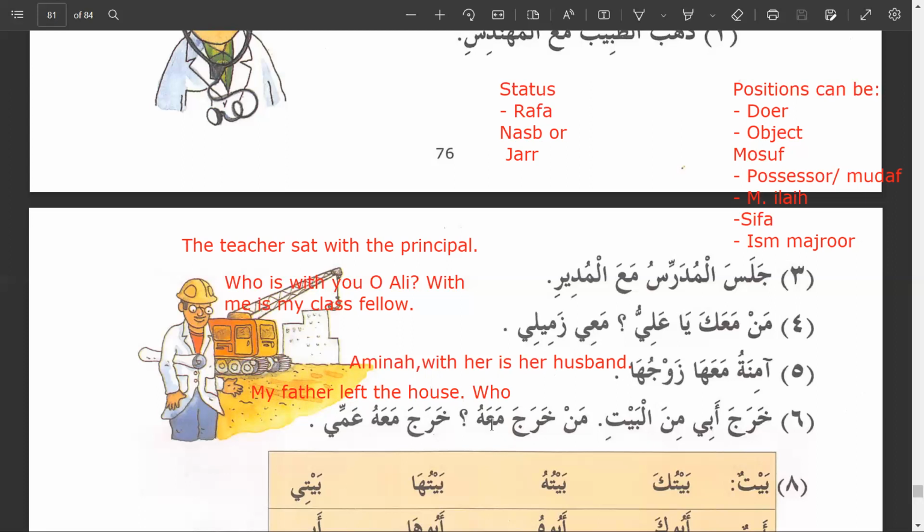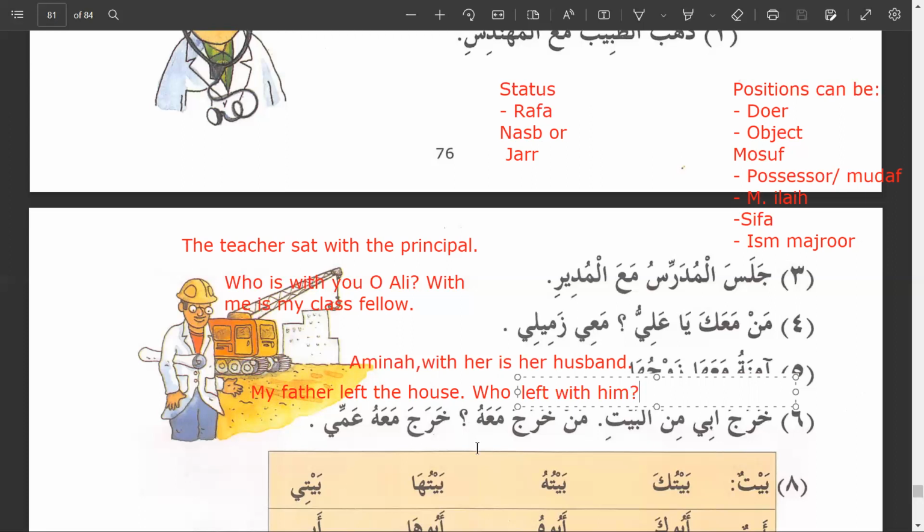Ma'a means with. Who left with you? No, ka is you. Here it is hu, he. Who left with him?